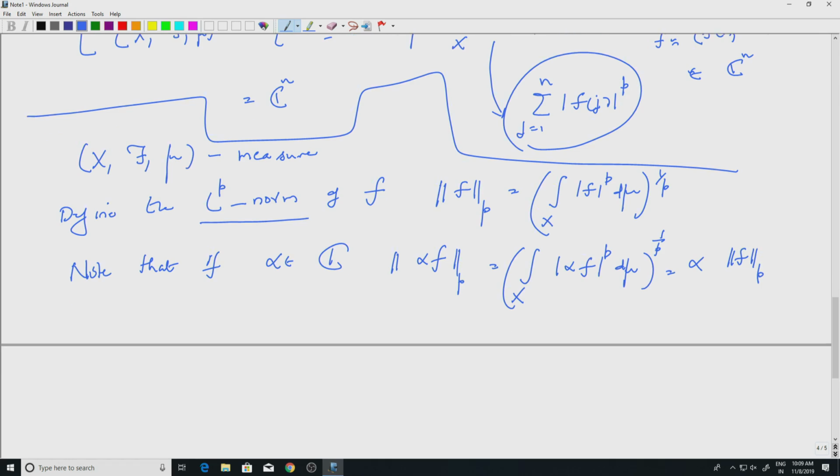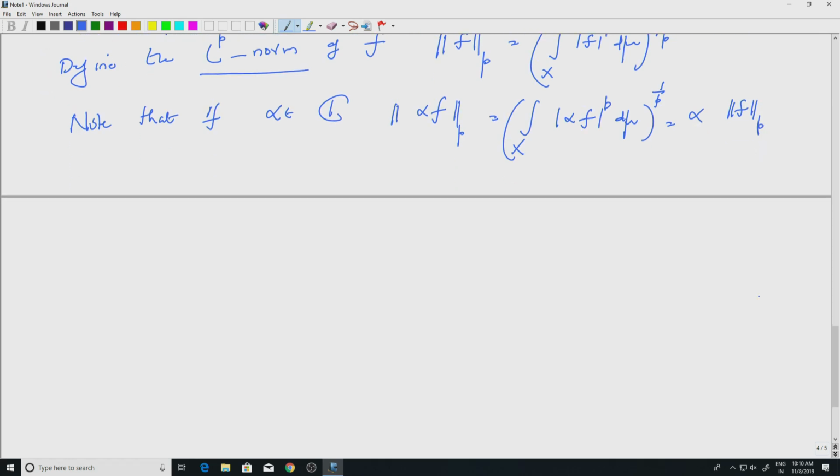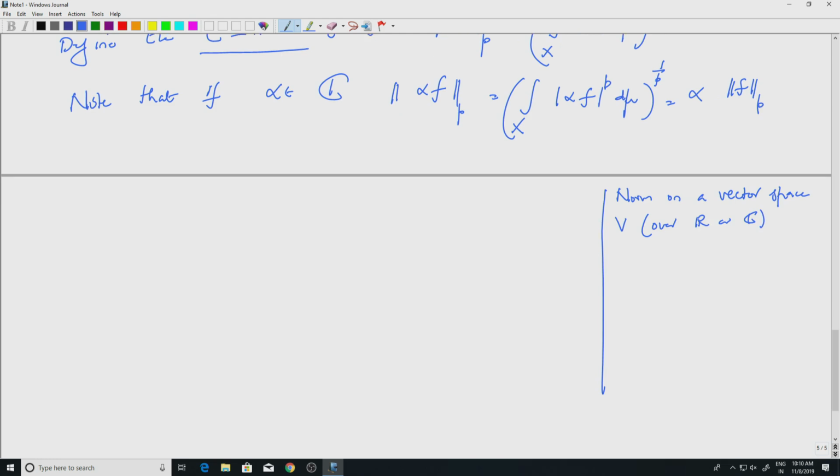So let me recall the properties of the norm. A norm on a vector space V. The vector space can be over R or C. It can be more general, but we will not bother about that.